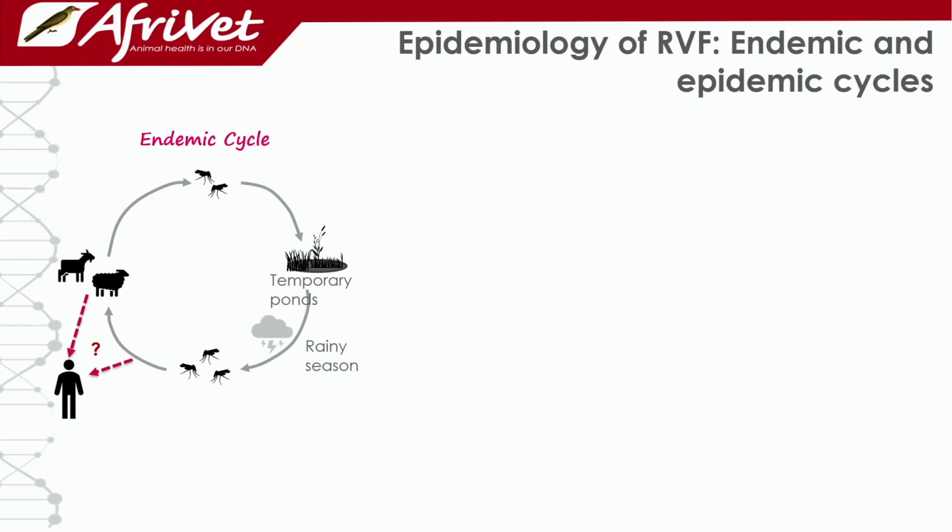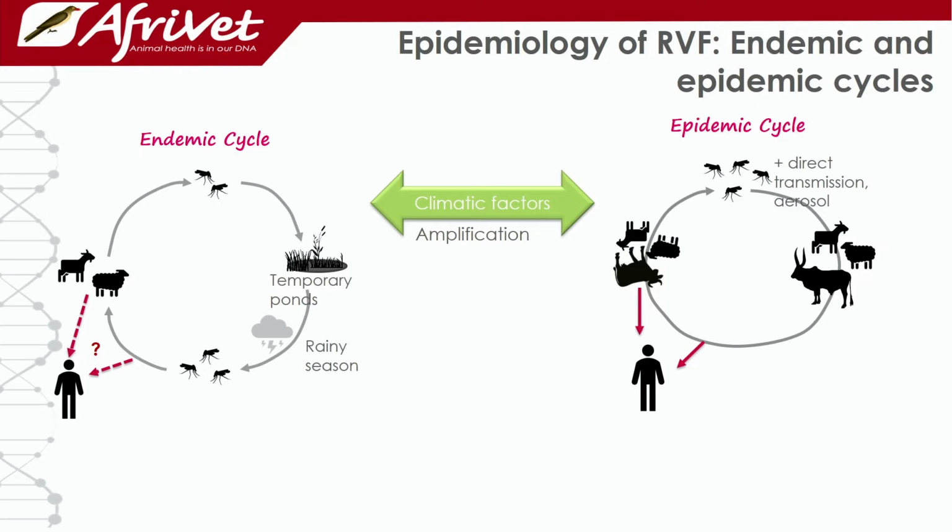So it occurs in two cycles. During those inter-epidemic periods, you don't have anything. We call it the endemic cycle. In South Africa, we're endemic. There are certain areas where the virus is always circulating in an endemic way. And you will have an amplification due to factors like weather, then the mosquitoes explode in population, and those mosquitoes keep on carrying the virus, and then it will cause an epidemic where you'll have a lot of mortality in animals and also human cases.